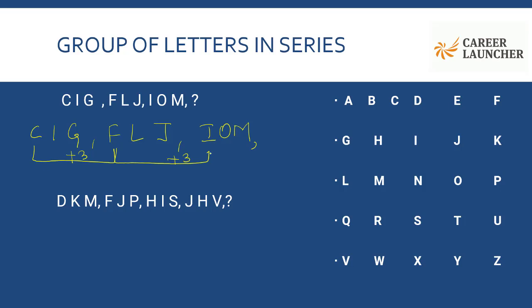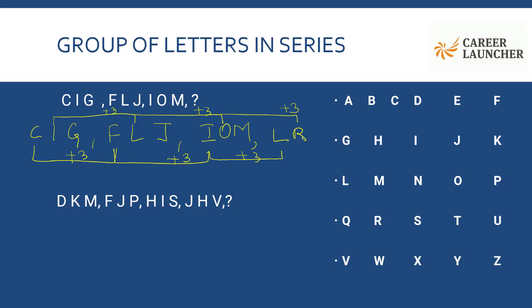Similarly, when I move 3 places ahead from I, I will get L. Let's see what's happening with the second element. After I have L. So that's again +3. After L, I have O. Again +3. So after O, if I move 3 places ahead, I will get R here.